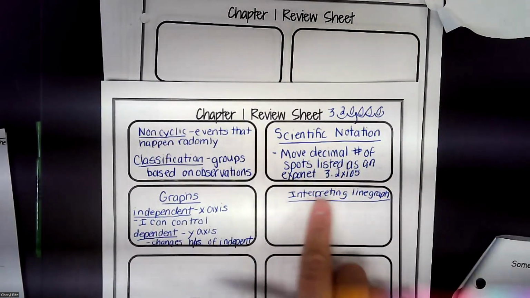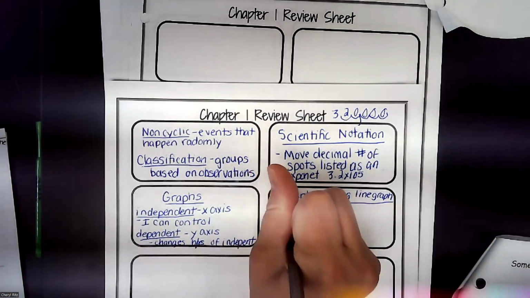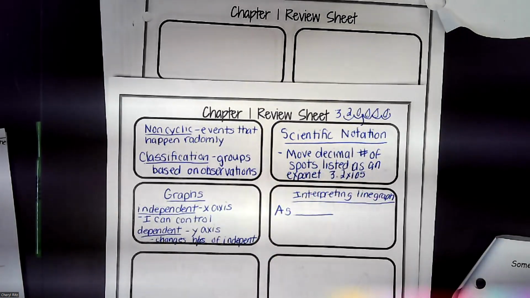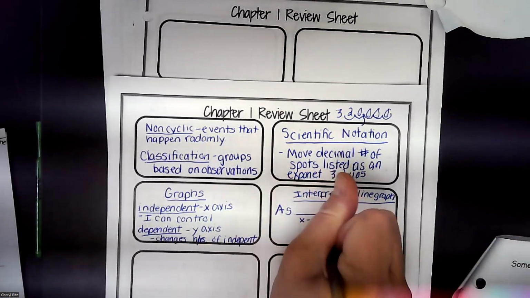Interpreting a line graph is written on the top of page 9 if you can't see mine. How did I say you always read this? You start off with what? What's the first blank? The independent, so the x-axis.